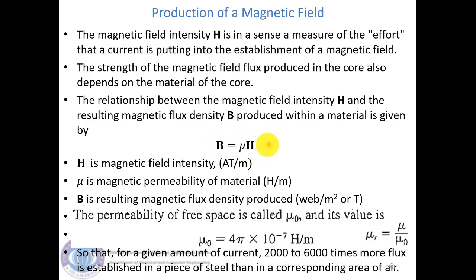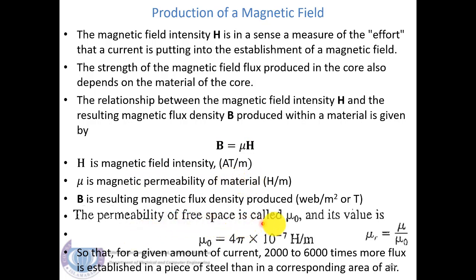The net current produces H, which is directly proportional to the magnetic flux density, and the constant of proportionality is mu, the magnetic permeability of the material.